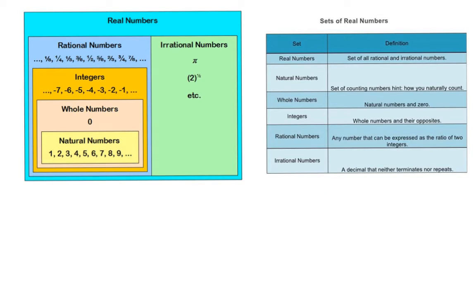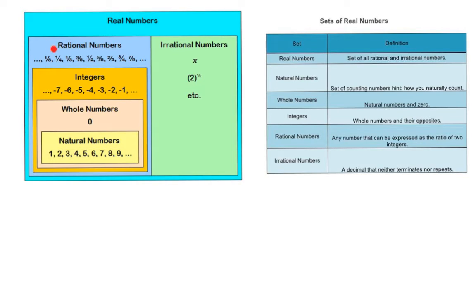An irrational number is a decimal that neither terminates nor repeats. So you have pi. Pi is a never-ending decimal that doesn't repeat. If you work out 2 to the 1/2, or the square root of 2, that's going to be a decimal that never repeats. So sometimes you have to type these into your calculator to see if it's a decimal that never ends or repeats.